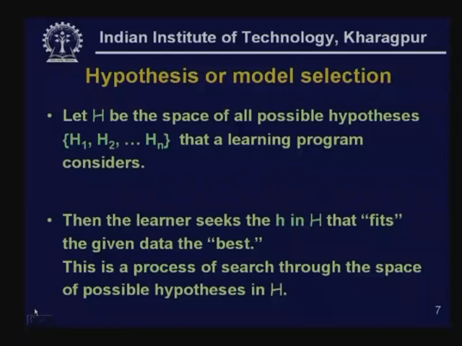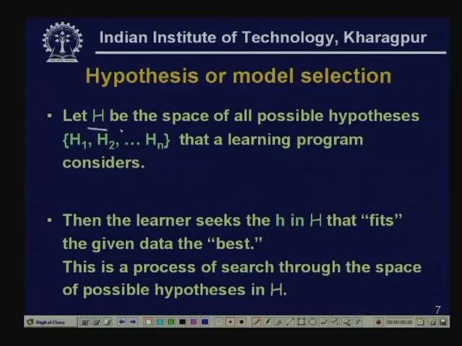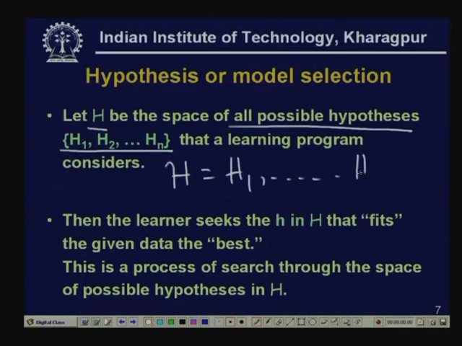So, the hypothesis space H is a space of all possible hypotheses, H1, H2, ..., Hn. Suppose there are n hypotheses, H1, H2, ..., Hn, and we want to find one of these hypotheses which is possibly close to the target concept f that we are going to learn.